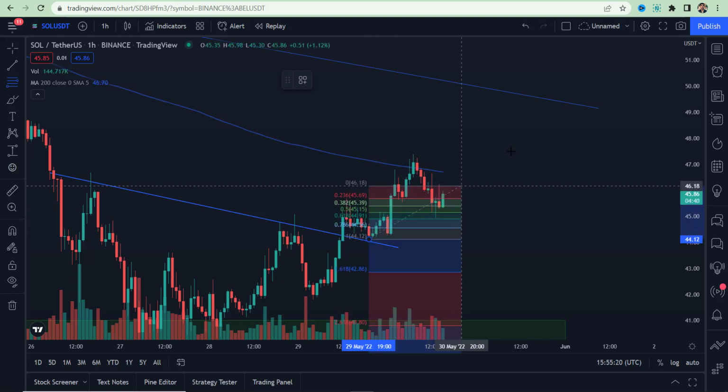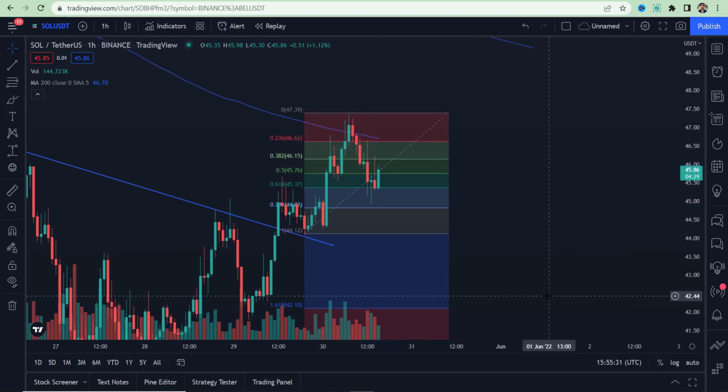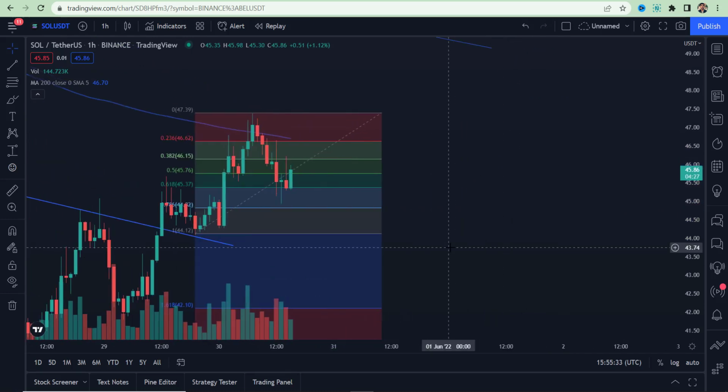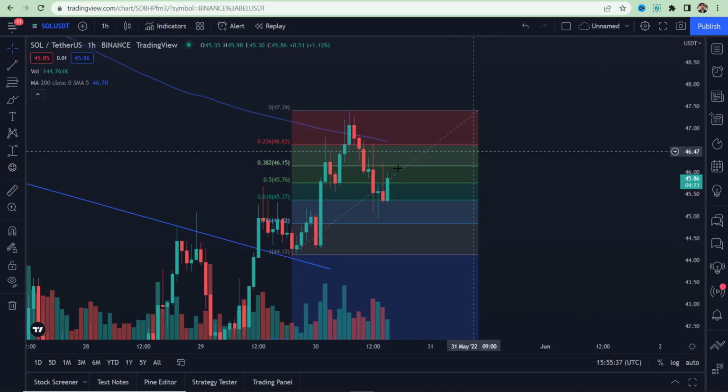So what can we expect as a support level? Exactly this point. This point is acting as a support level. It's the 0.618 of the Fibonacci retracement, also known as the golden pocket. So this is acting as a support, and it has acted as a resistance at this place.